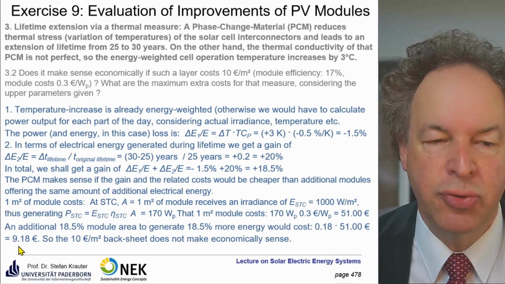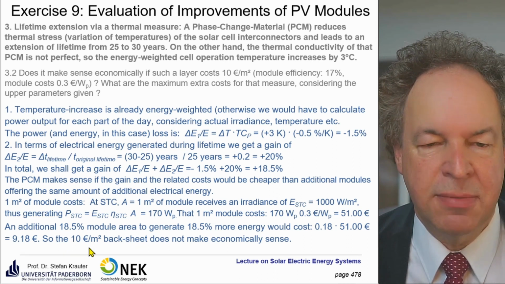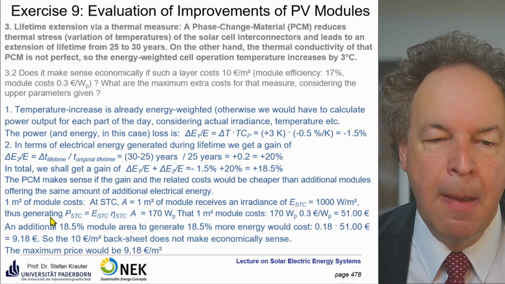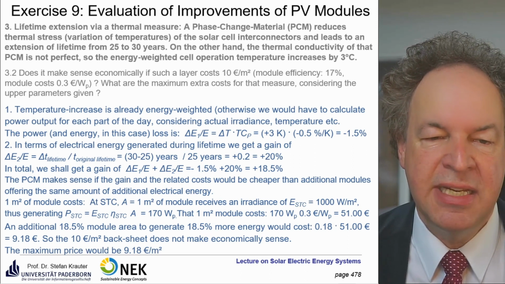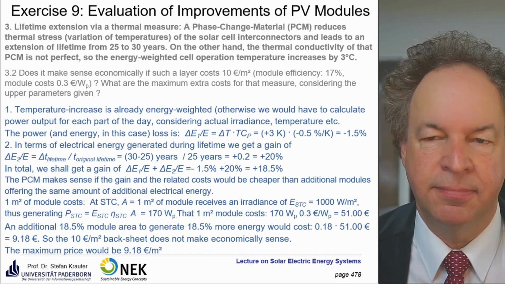So we are very close to 10 euros, but still it doesn't make economic sense; it would only do so if we stay below that value of 9.18 euro per square meter.